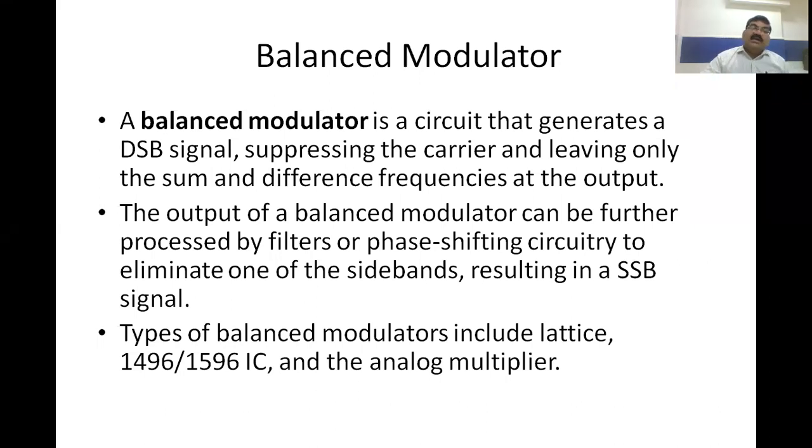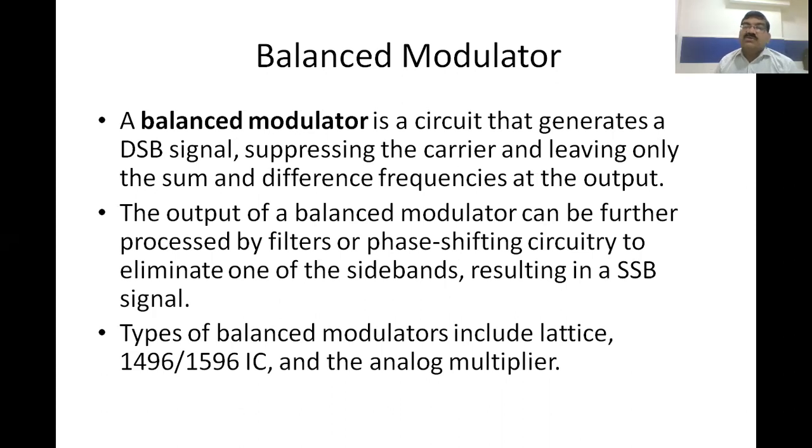So this is the efficient system. How it can be done, that we are seeing. The output of the balance modulator can be further processed by a filter or phase shifting circuitry to eliminate one of the sidebands, resulting in a single sideband suppressed carrier signal.